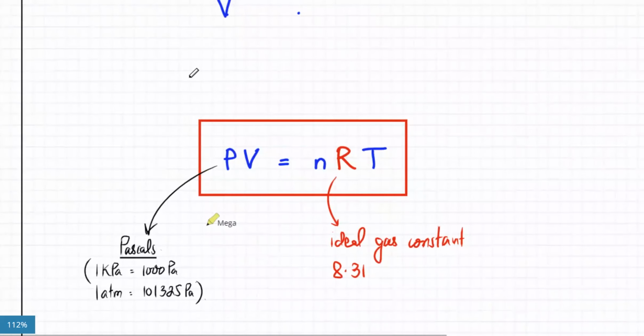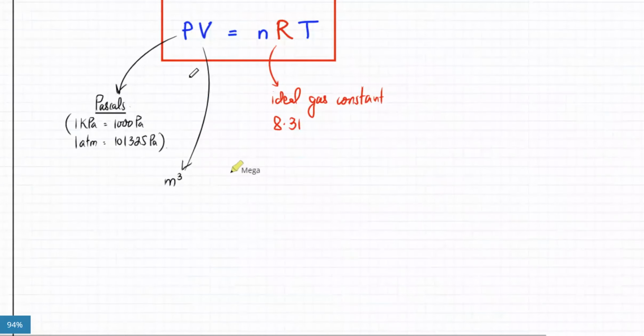Similarly, the volume must always be in meter cube. It should always be in meter cube, not in dm cube, not in cm cube. So if they give you volume in cm cube or dm cube, you have to convert. Otherwise, you're not going to use this equation.